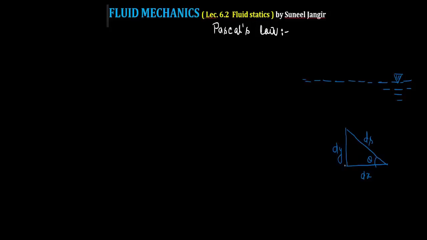Now I'm considering this triangular shaped element because I want to analyze the intensity of pressure. Is the intensity of pressure at a particular point variable with respect to direction? Means if the direction changes, does the pressure intensity also change or not? On this element, Px is the pressure intensity acting on this face that I'm marking.